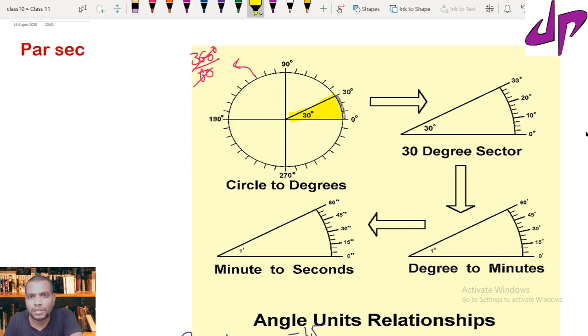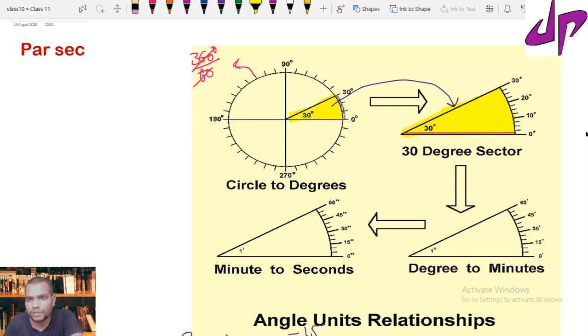From this 30 degrees portion, if I take only 1 degree, how can I take it? I can draw a line, and this is the angle made by that.